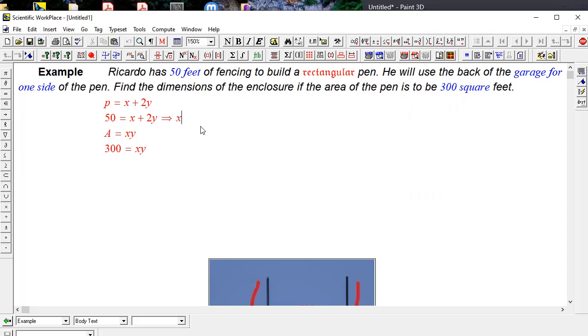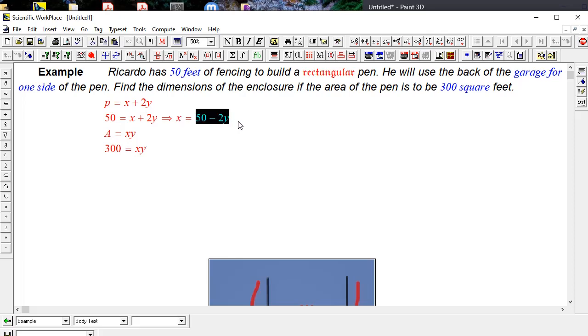So here x will be 50 minus 2y. It's a linear equation, just rewrite the equation for x. So I move this 2y to this side to be a negative sign. So we get a new value for x, which is 50 minus 2y.